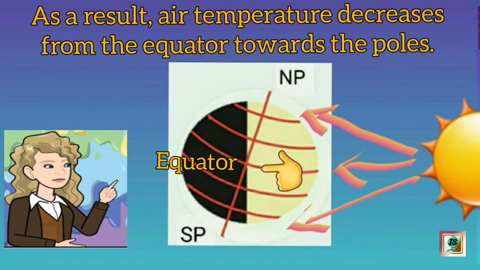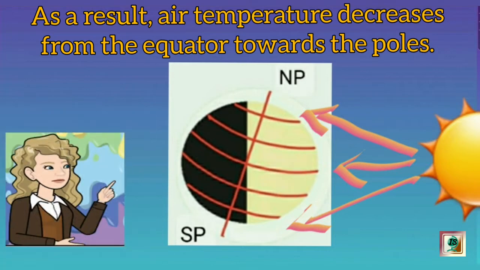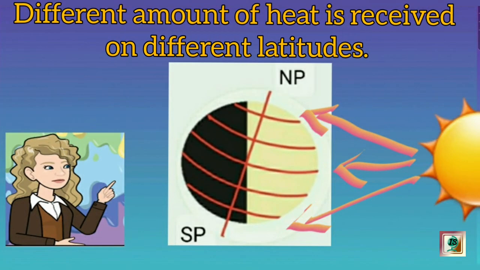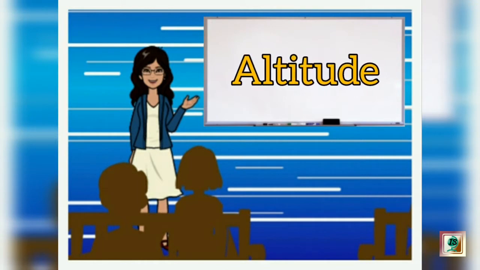As a result, the amount of heat decreases from equator towards the poles. Thus, you can say different amount of heat is received on different latitudes. I hope this is clear to you. Now come to the second one, that is altitude.